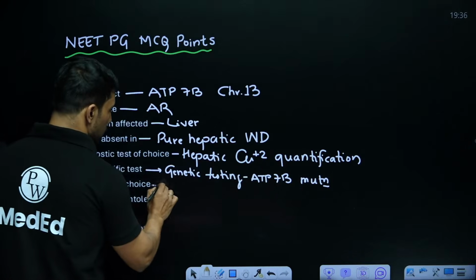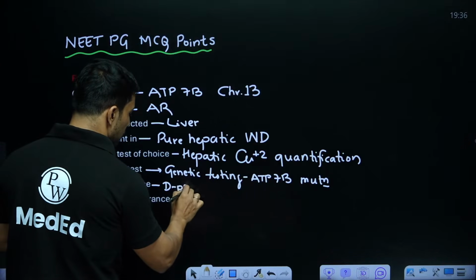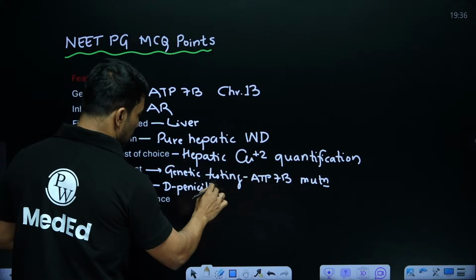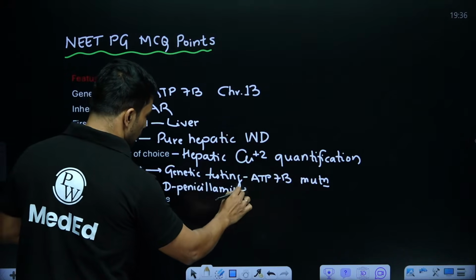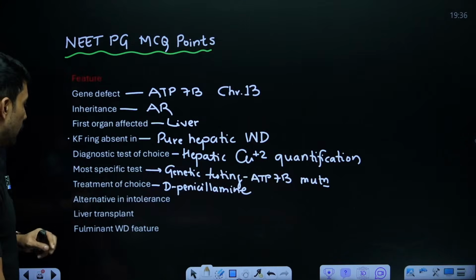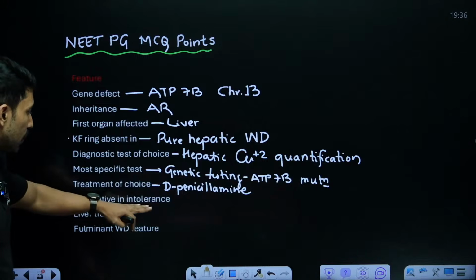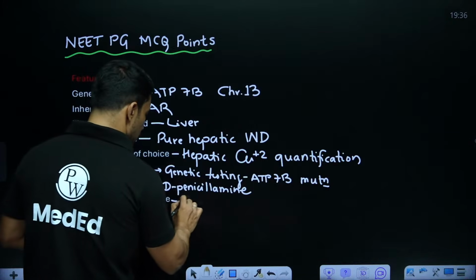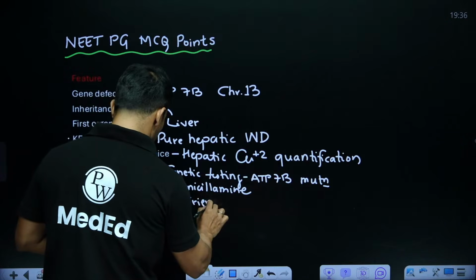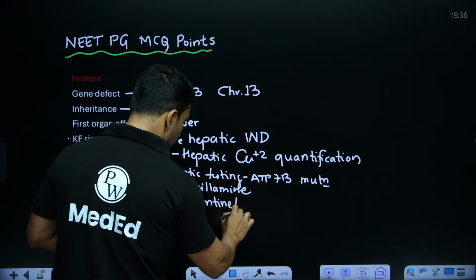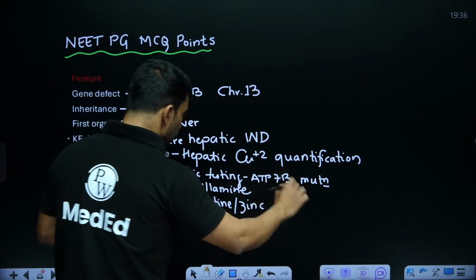Treatment of choice we just discussed, D-penicillamine is going to be the treatment of choice except patients with predominant neurological manifestation. And what is the alternative if there is intolerance? We can consider using trientine or zinc. Now, one last question.